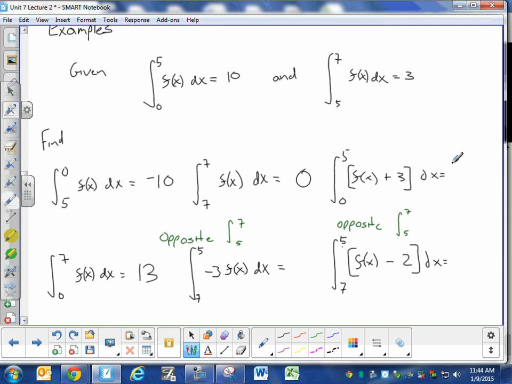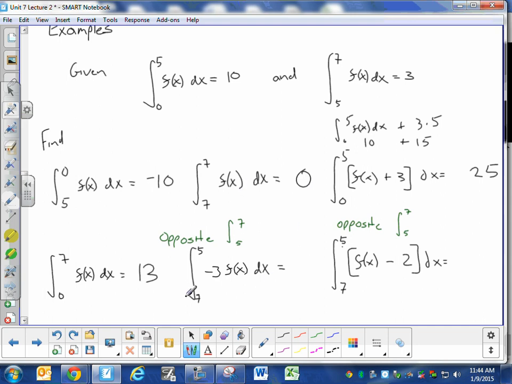Did you get 0 to 5 of f of x plus 3? Can maybe help with that one? I got 25. 25 is correct. How'd you get 25? So you know the 0 to 5 is 10. So it's 10 plus 3 times the difference between 0 and 5. So 10 plus 15. Okay.